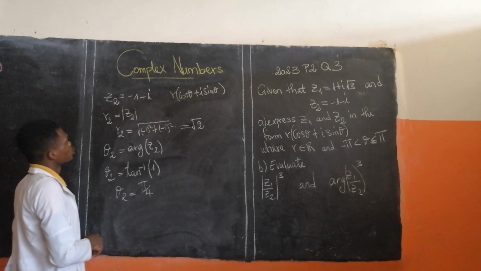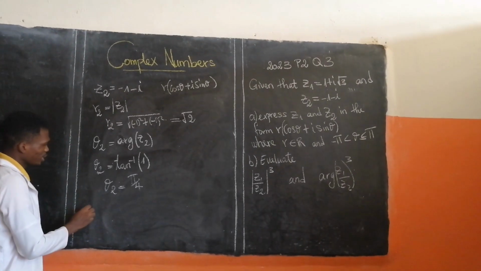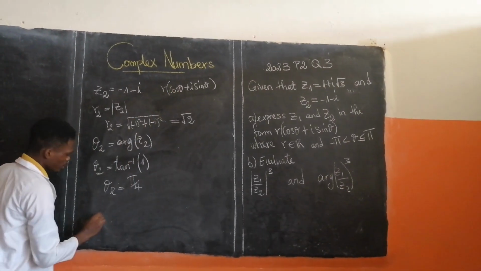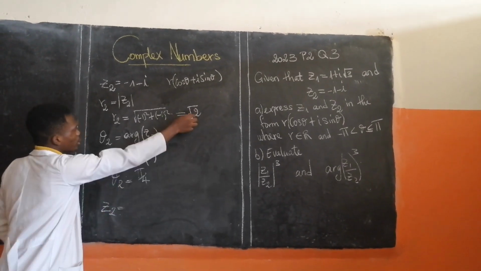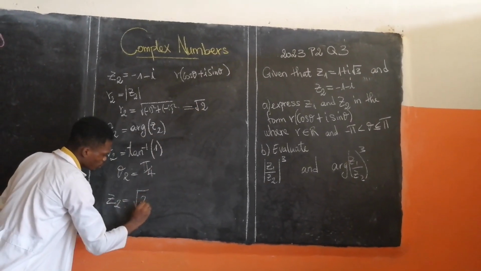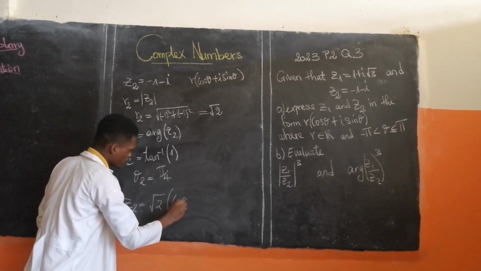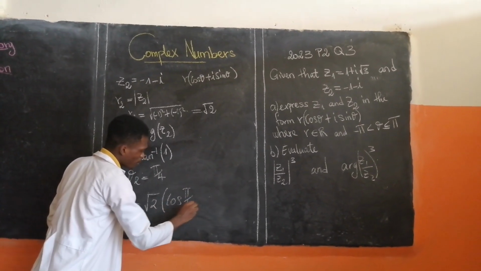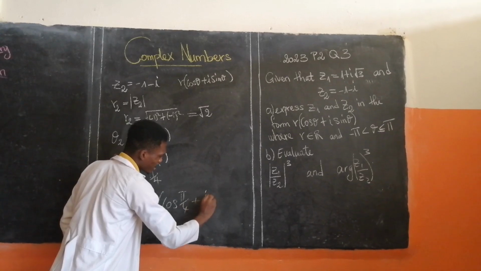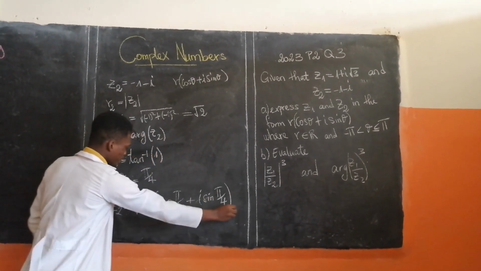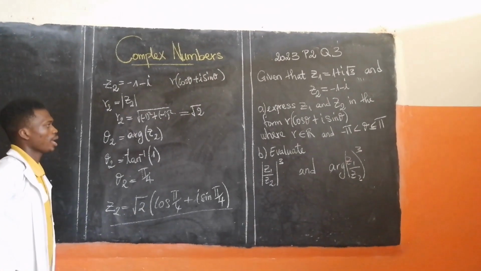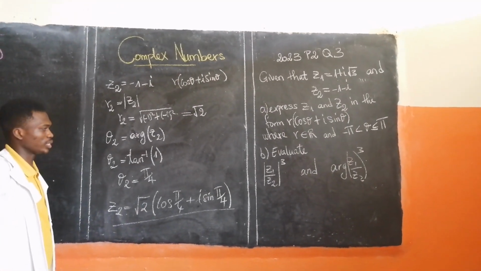Now expressing it in this form, we're going to have that Z2 is equal to R, which is root 2, cos of 5 pi on 4 plus I sin of 5 pi on 4. This is it for Z2, and that is it for the A part of the question.